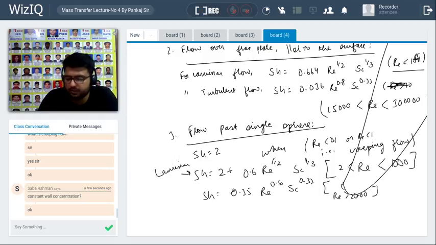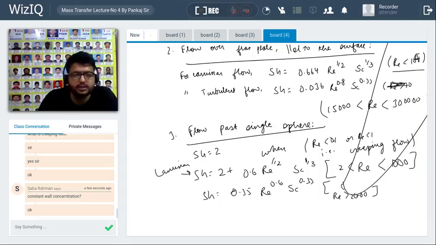These are all experimental values, so we just need to remember them. The derivation for the constant heat flux and the constant wall temperature for laminar flow in a pipe will be discussed in heat transfer. So these are analogies that we have taken from heat transfer and fluid mechanics. You need not worry about them.